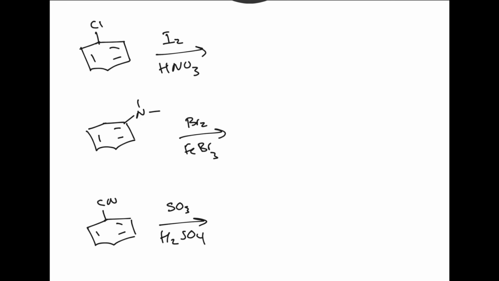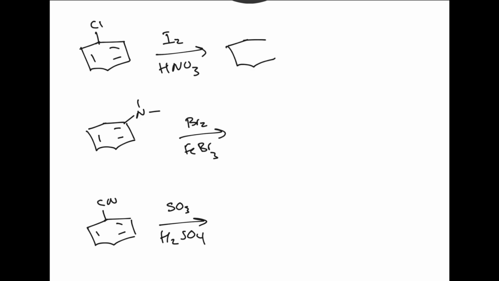Right? So what are we adding? Where is it going? So chlorides, though they're weird, they direct ortho para. So I know my product's going to be ortho para, and I know that I2 in nitric acid adds an iodine.